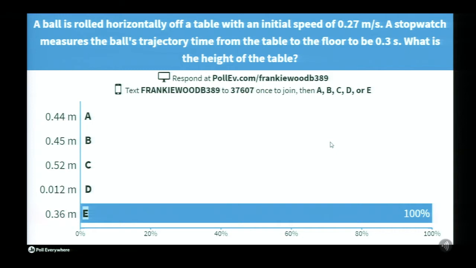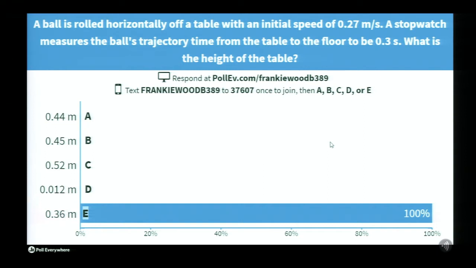So we got a ball that's rolling horizontally off the edge of the table. 0.27 meters per second is the speed. We measure the trajectory time at 0.3 seconds. What's the height of the table?